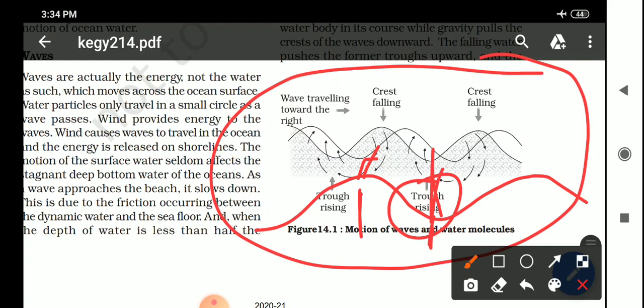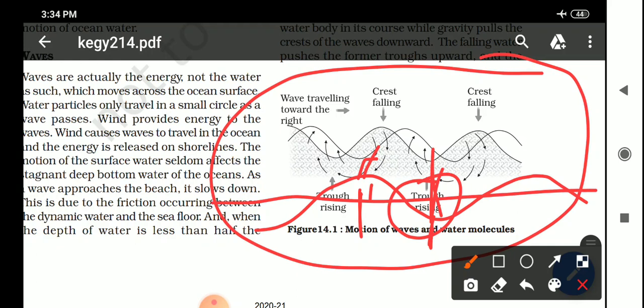Half of this height is known as the amplitude. If we divide the height in half, this portion is called amplitude.